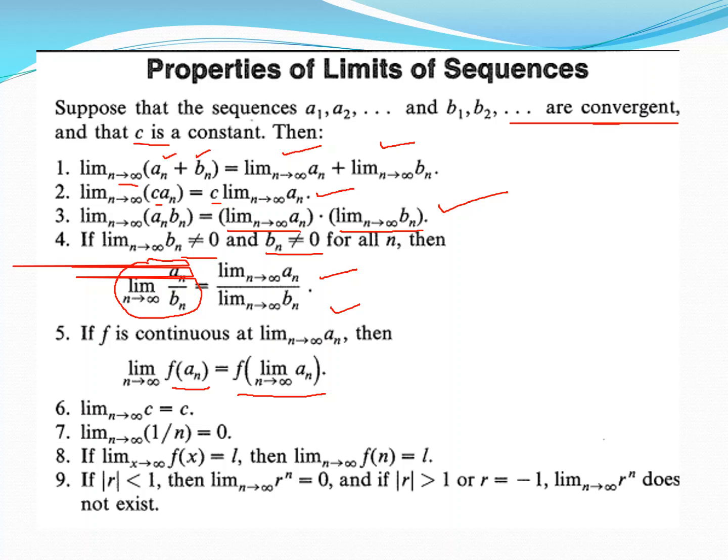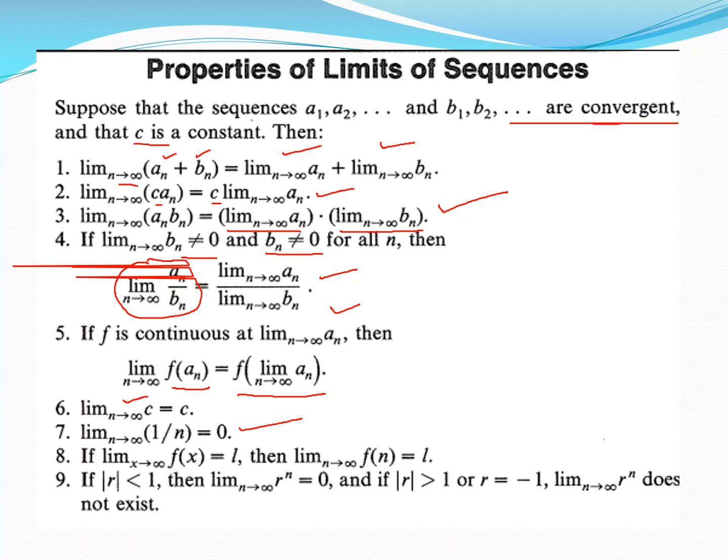Sixth property says that the limiting value of a constant is the same as c. And seventh property, if we take the limit as n approaches infinity of 1 by n, this is equal to 0.